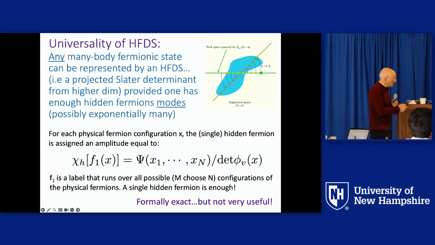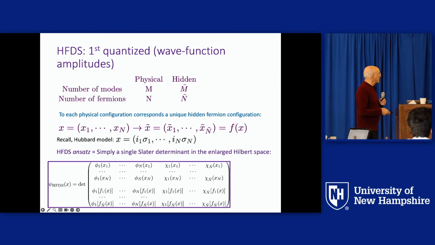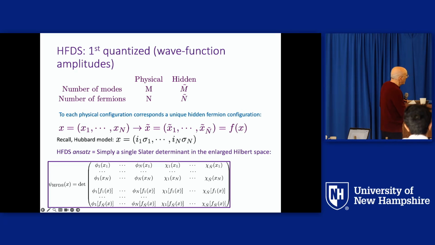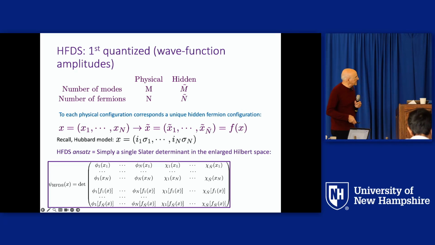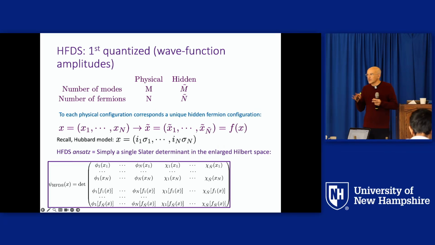So in the original thing we did, the full wave function, so if we decompose the wave function on the computational basis, which would be in the case of the Hubbard model, the position and the spins of the electrons on the different sites, right?